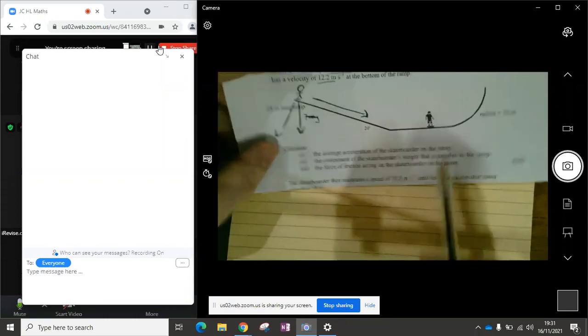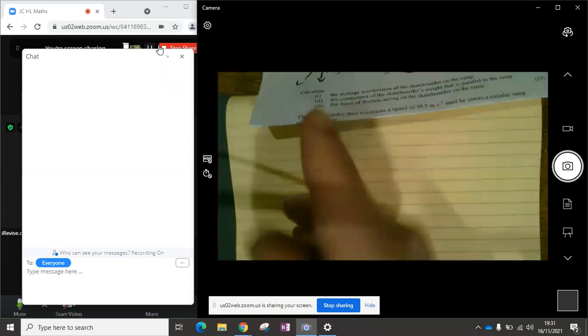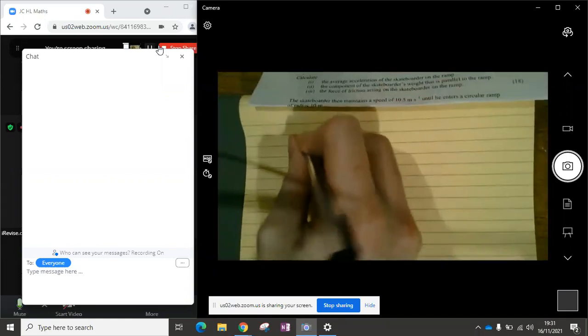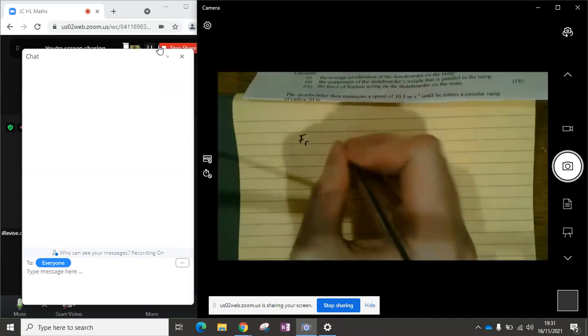So the force of friction from the ramp, I'm going to say FR.